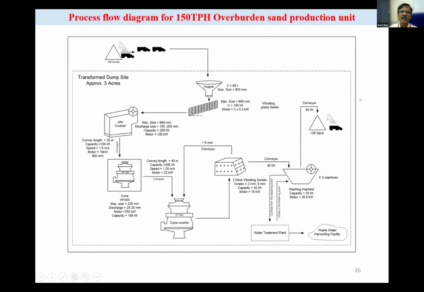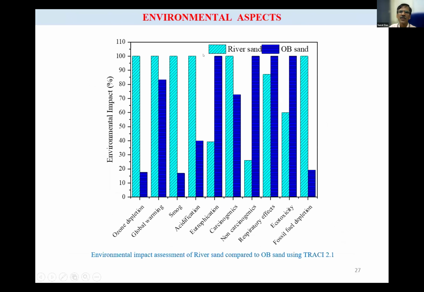Another example I have considered is one overburden sand production unit, a virtual sand production unit in and around the Dhanbad area. With this process diagram, we did the sustainability analysis on environmental aspects.